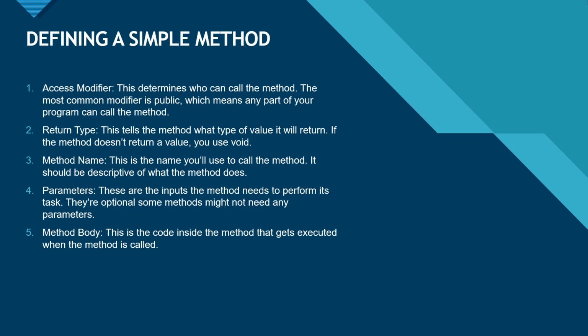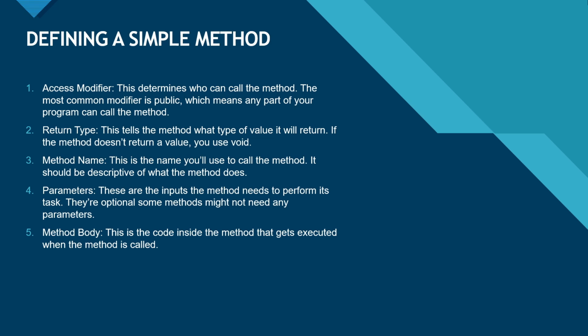Method name. This is the name you'll use to call the method. It should be descriptive of what the method does. 4. Parameters. These are the inputs the method needs to perform its task. They're optional. Some methods might not need any parameters. 5. Method body. This is the code inside the method that gets executed when the method is called.